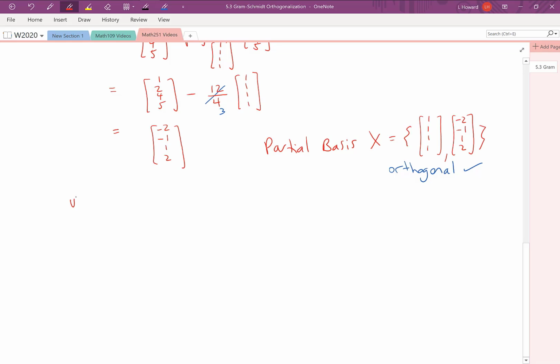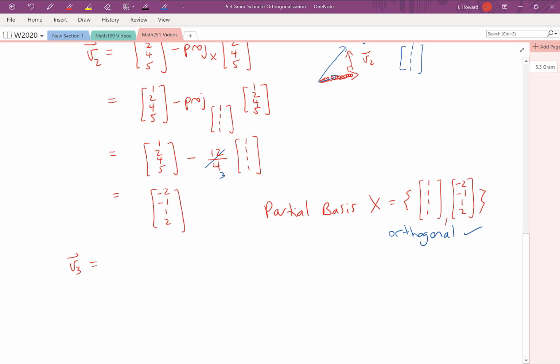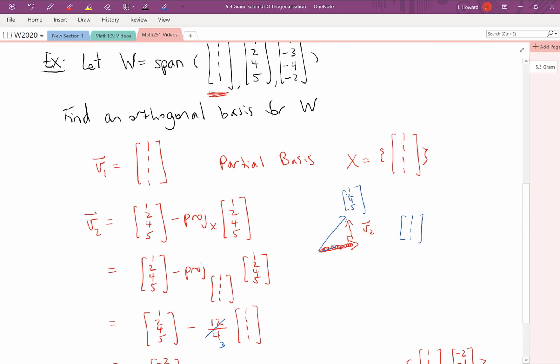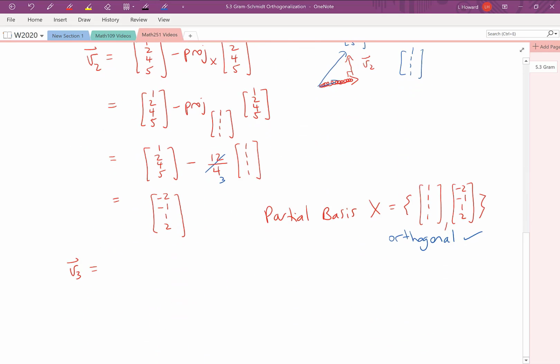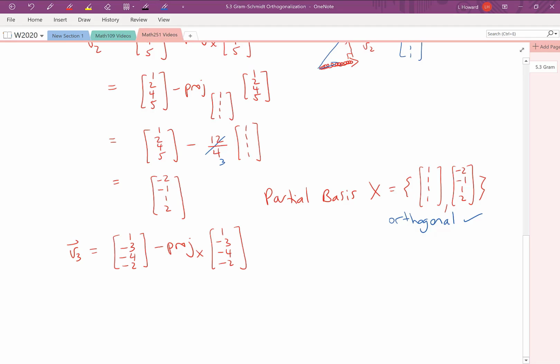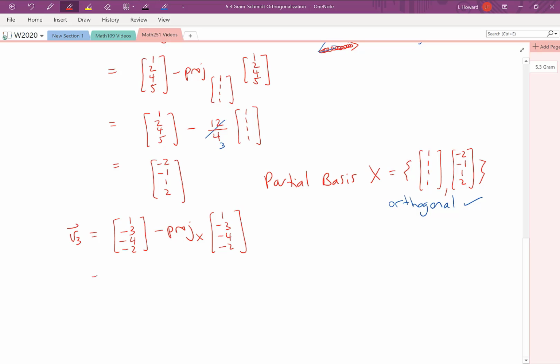All right, so for V3, we are going to take the third vector from the span. Let's look back for a second. The third vector in the span from the original problem was 1, minus 3, minus 4, minus 2. So we're taking that vector and subtracting off the projection onto X of that vector. Now, because X actually has two vectors in it at this point, there are going to be two different projections that we're subtracting off.